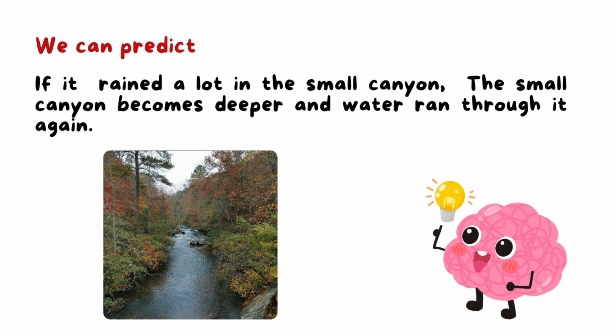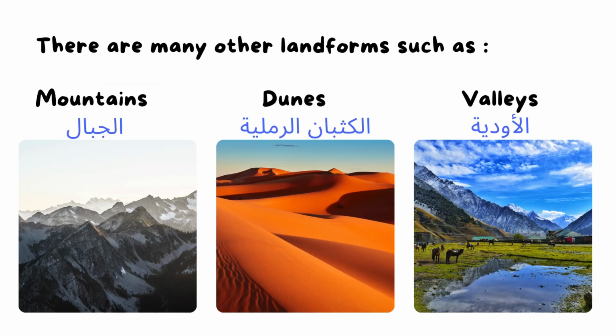We have other landforms, like what? Yes, like mountains, like dunes, and valleys. Dunes are hills of sand, and valleys are the flat lands between mountains.